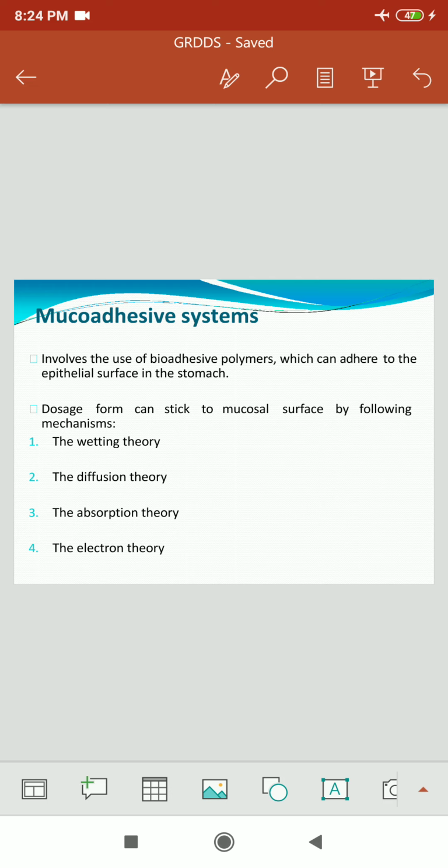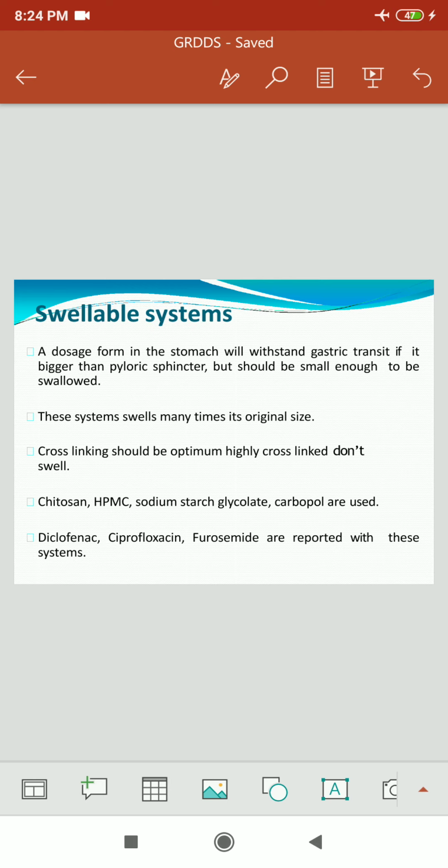Mucoadhesive system. Bioadhesive polymer is used in this system, and the dosage form can stick with the mucosa of the stomach via these theories: wetting, diffusion, absorption, and electron. Now swellable system.